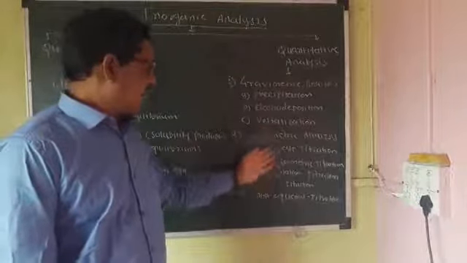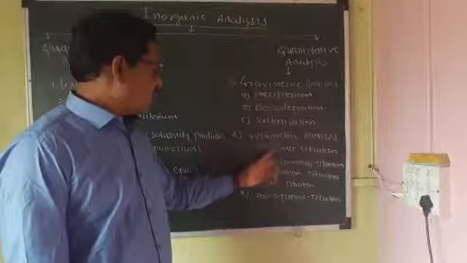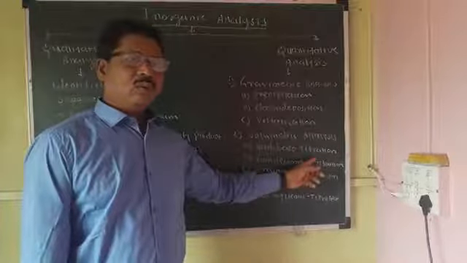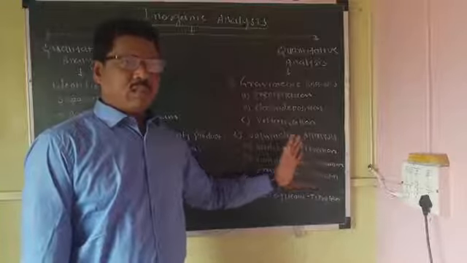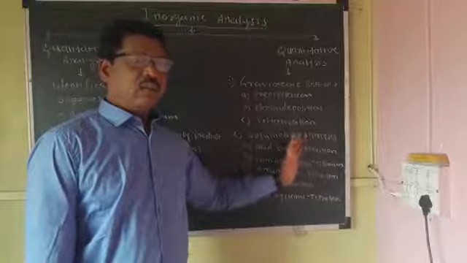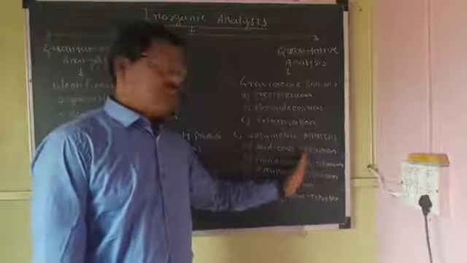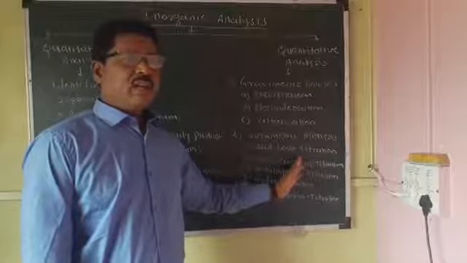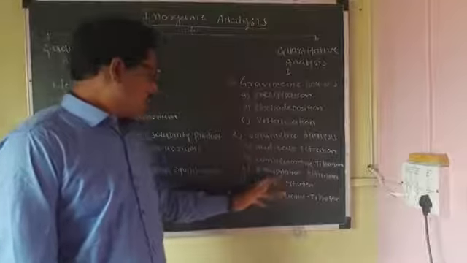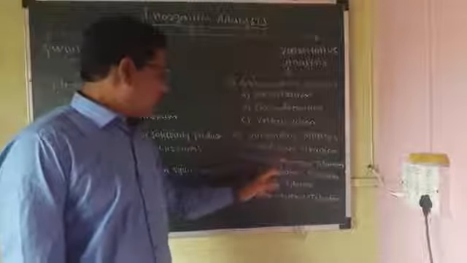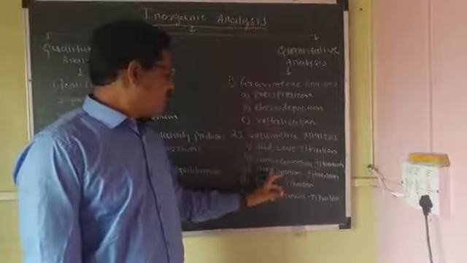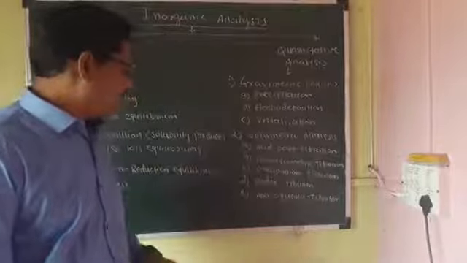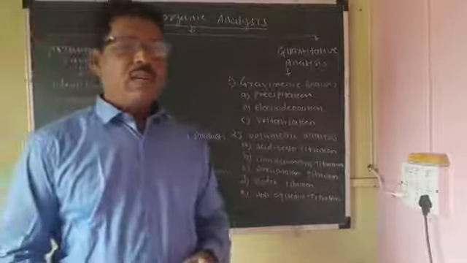In these types, volumetric titration or analysis, acid-base titration, you have to use both volumetric, that is by using the burette and pipette, and also instrumental titration, like acid-base titration, complexometric titration, then precipitation, redox titration, and non-aqueous titration.